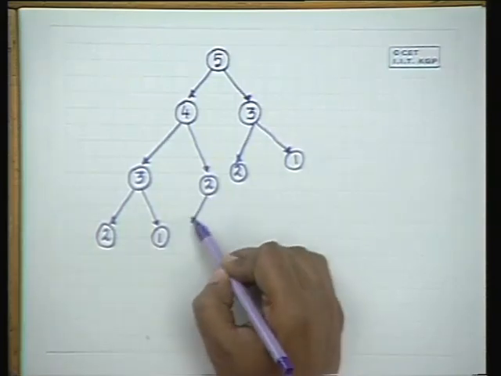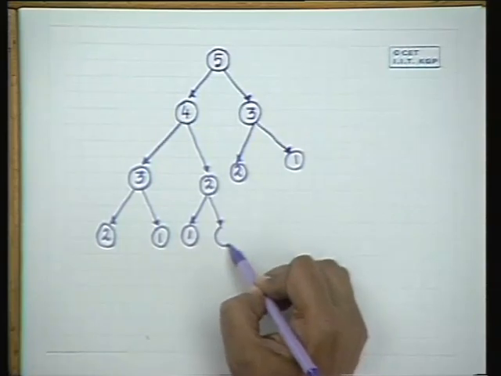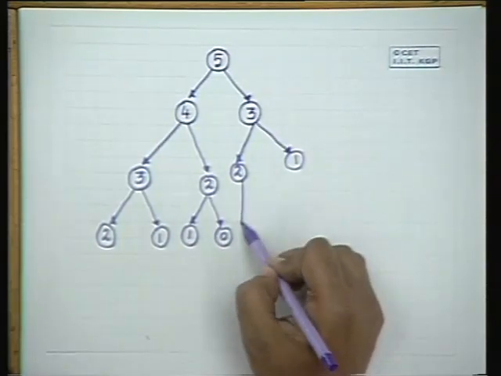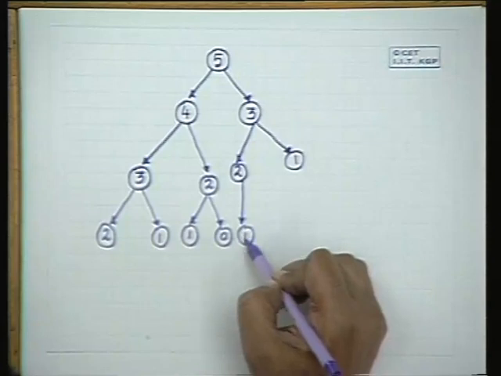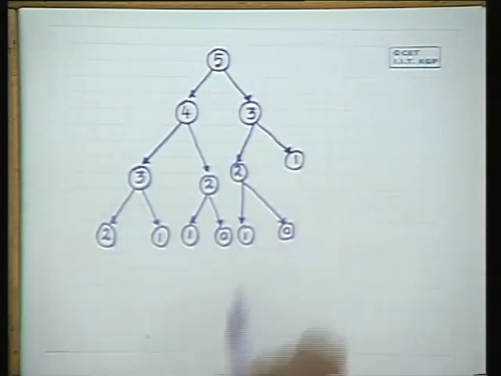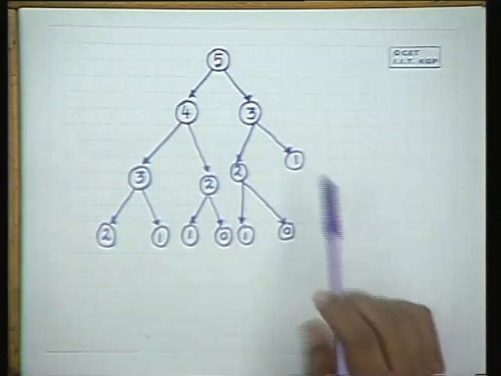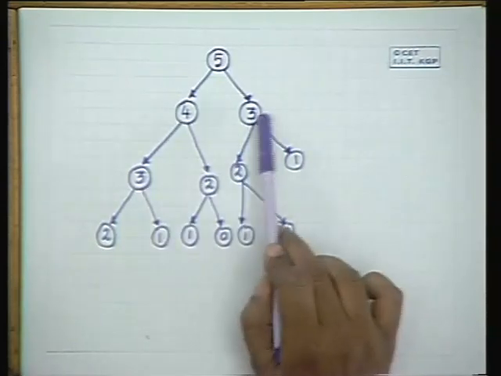To solve this 2, you have to solve 1 and 0. To solve this, again you have to solve 1 and 0. This is the complete decomposition rule. Well, you can see there are commonalities here, and what we will do about them we will discuss later on.